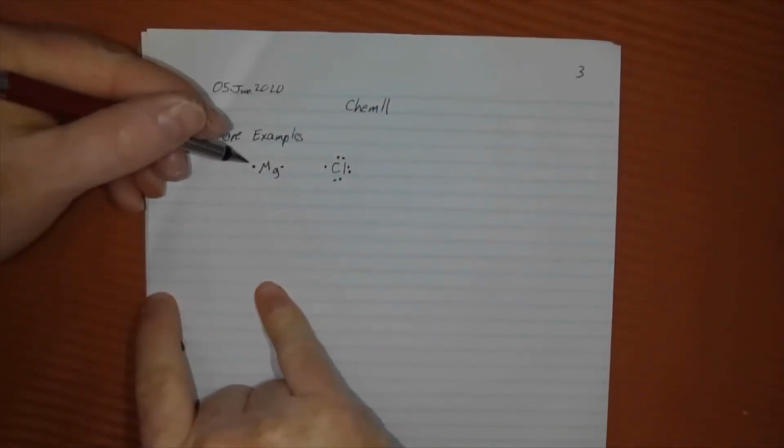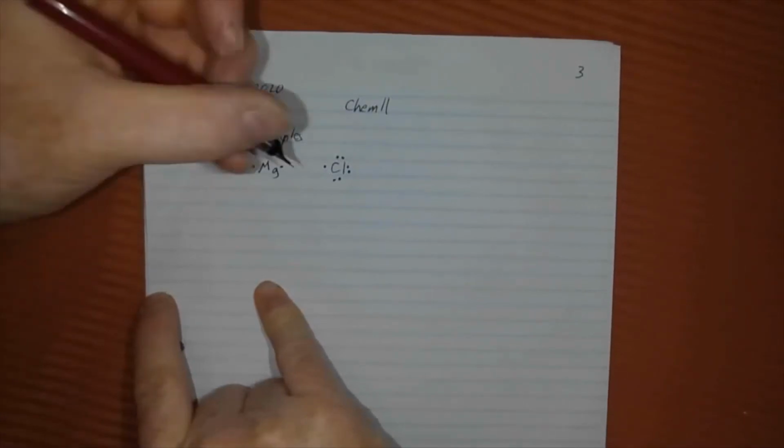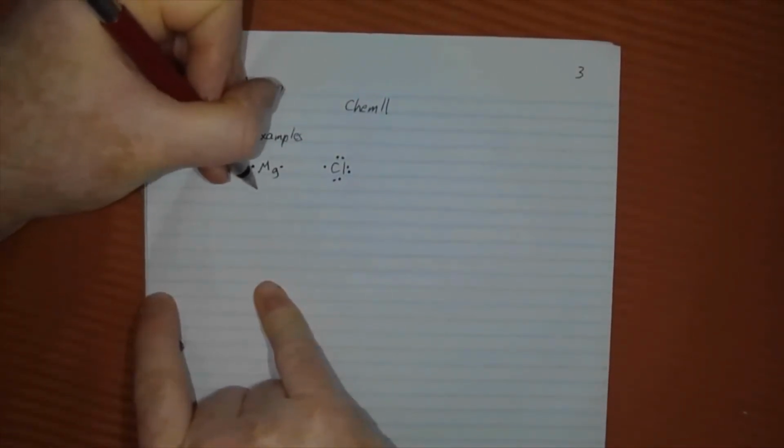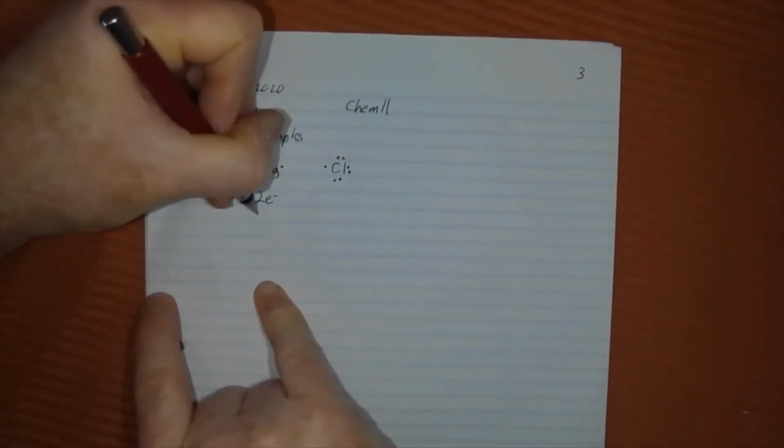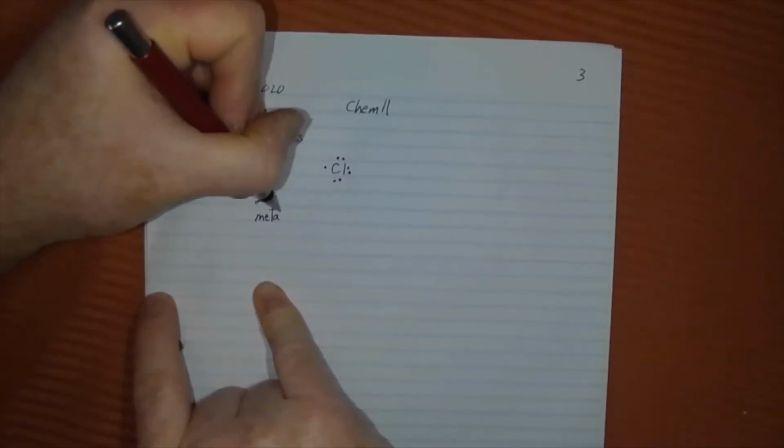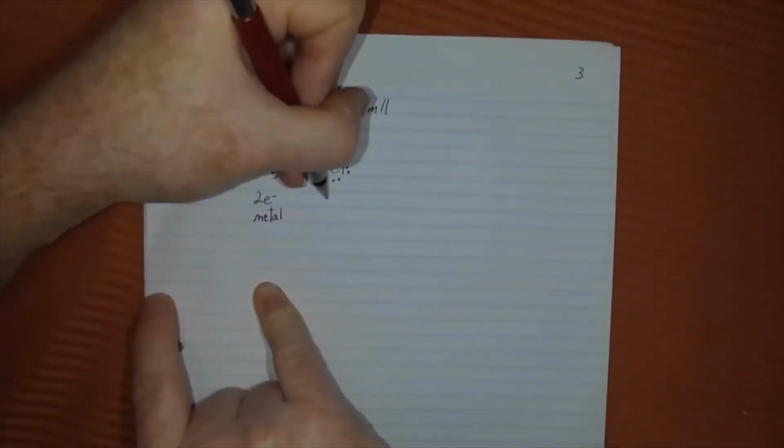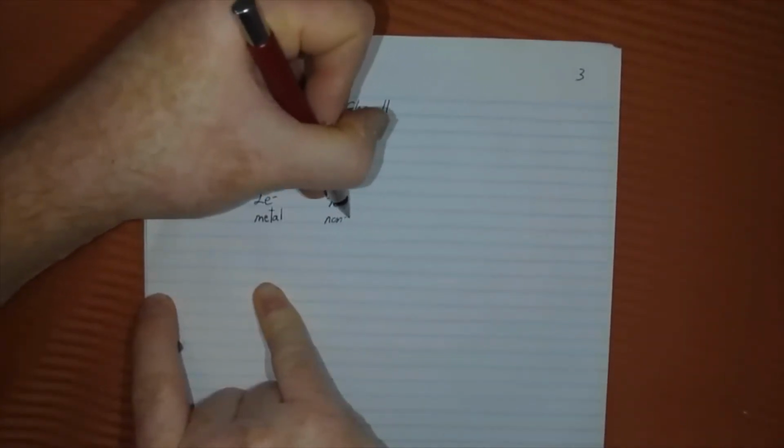All right, how many electrons do you think magnesium is going to get rid of? Well, it has 2. It's a metal. Chlorine has 7 electrons, and it's a nonmetal.